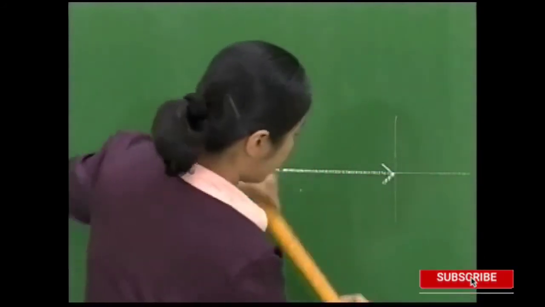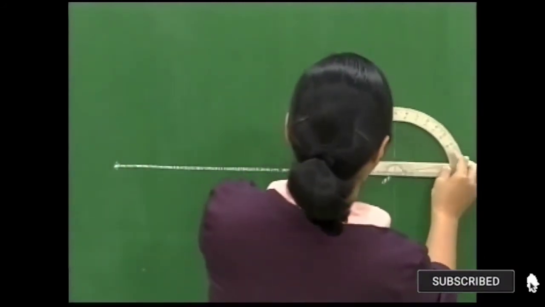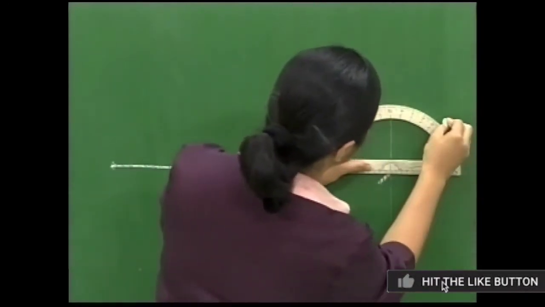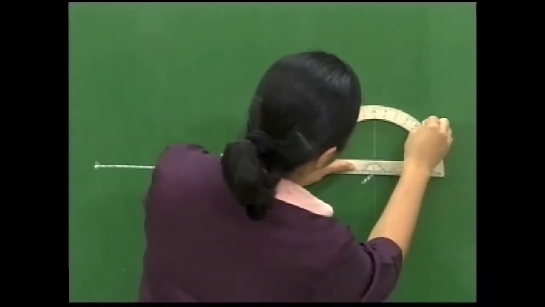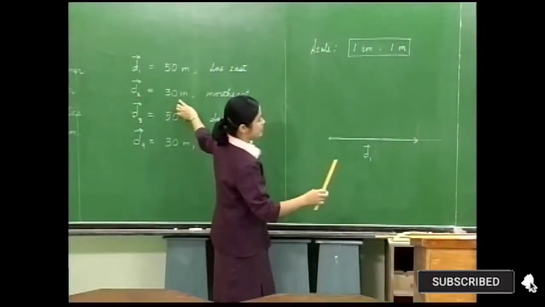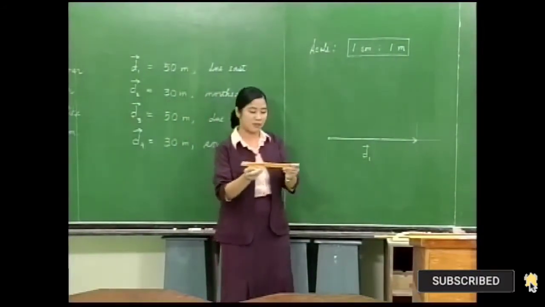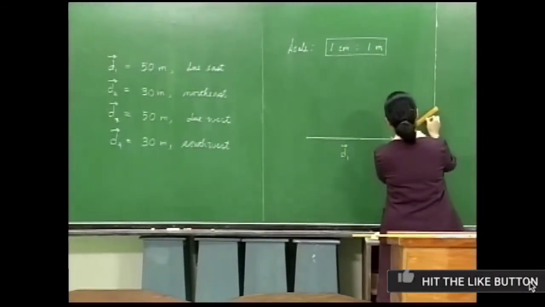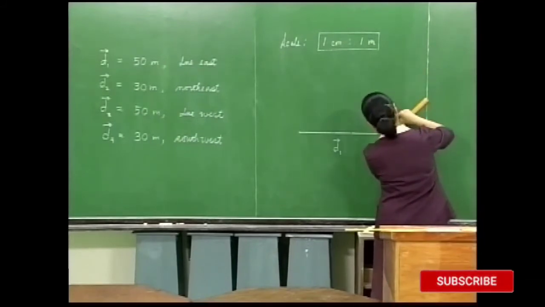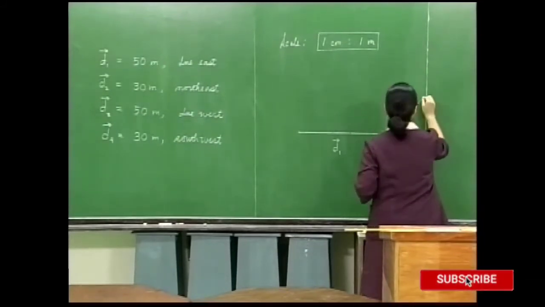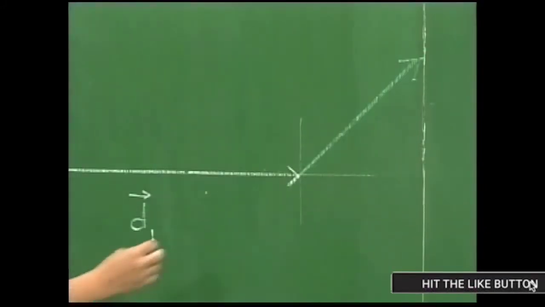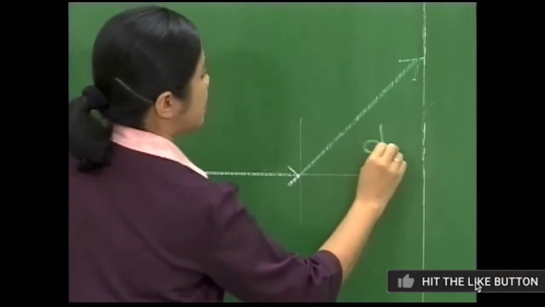And I draw my D2. It should be at 45 degrees northeast. And the length would be 30 centimeters because it's 30 meters. So this is now your vector D2, the displacement.